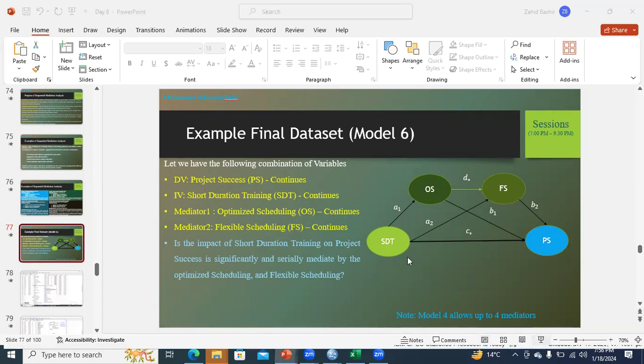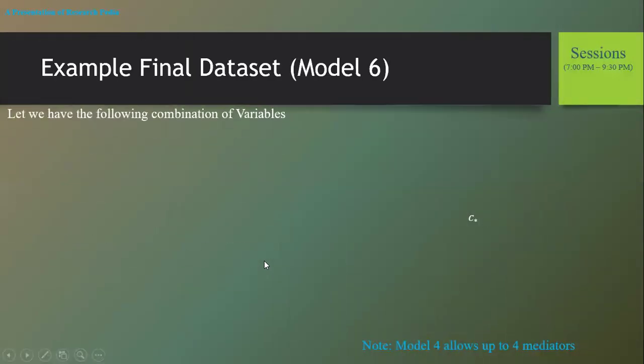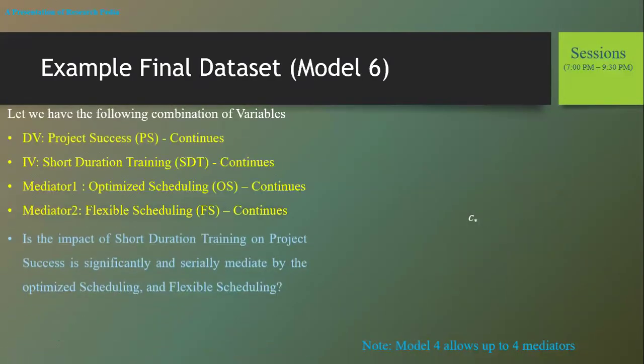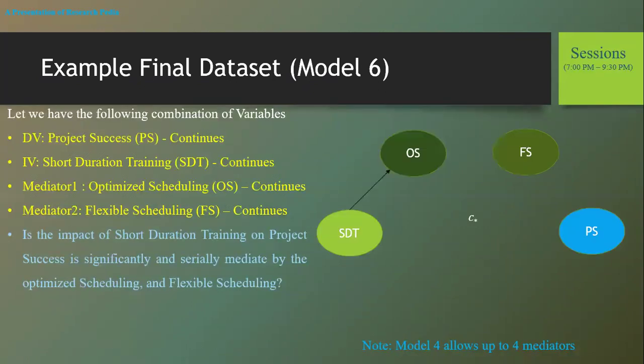I have told you the basics, how we can analyze the situation when we have a number of mediators and we want to connect the mediators for the purpose of better explaining the impact of the independent variable on the dependent variable. When we want to analyze the cumulative effect of mediators on our dependent variable, for the sake of explaining the impact of the mediators in a better way, we can use this situation.